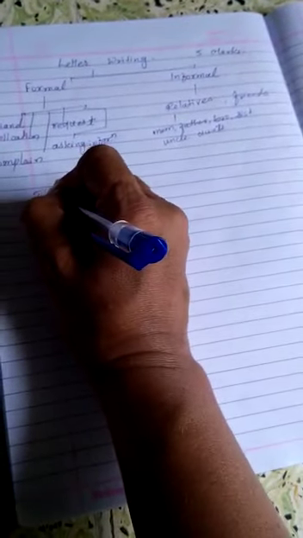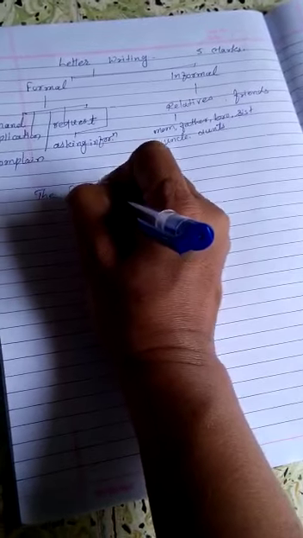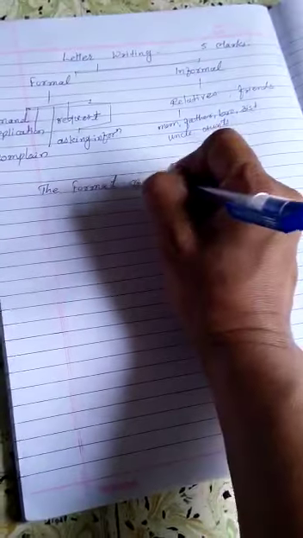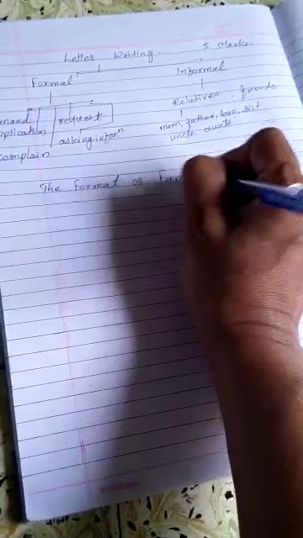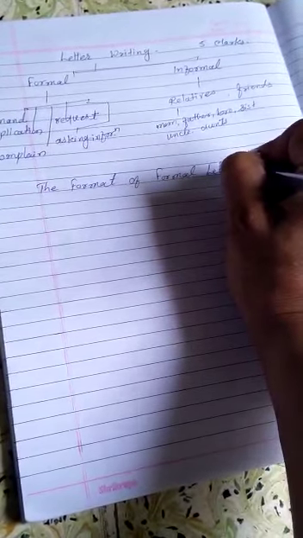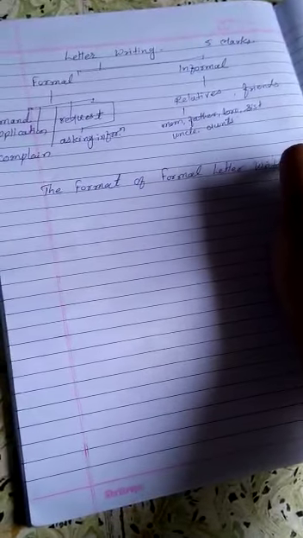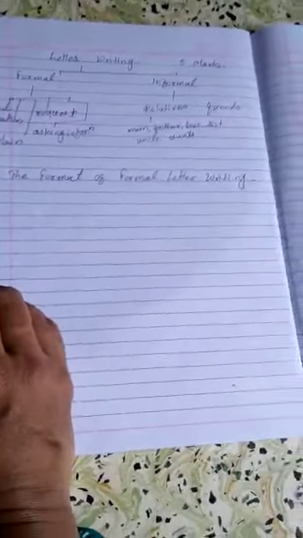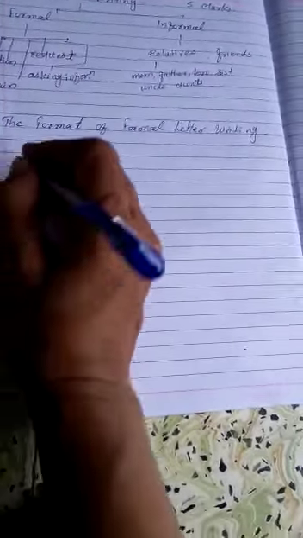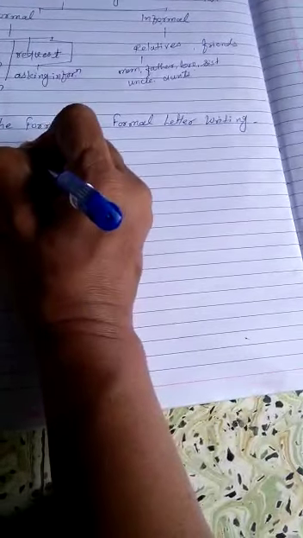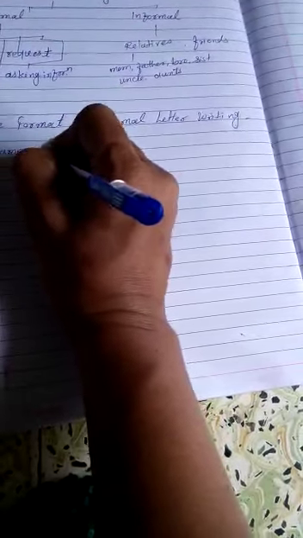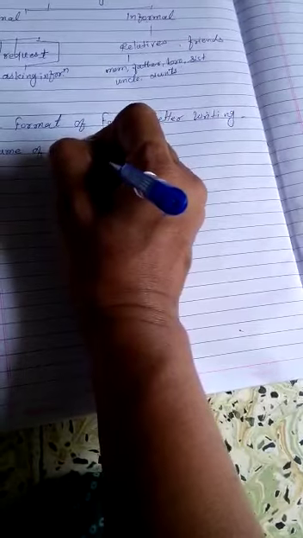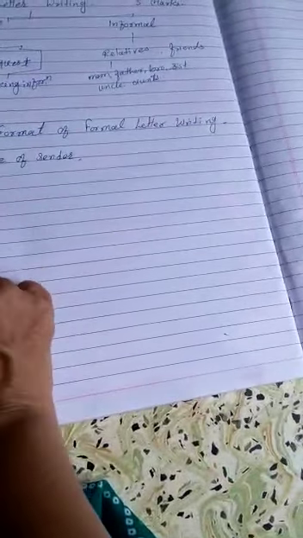The format of formal letter writing. First of all, you have to write the name of address at the left corner of the page, very near to the margin.